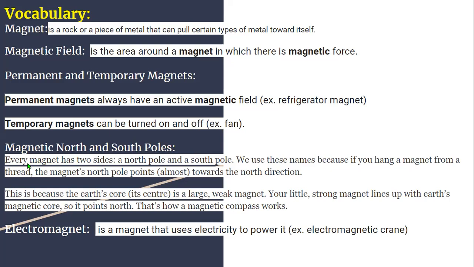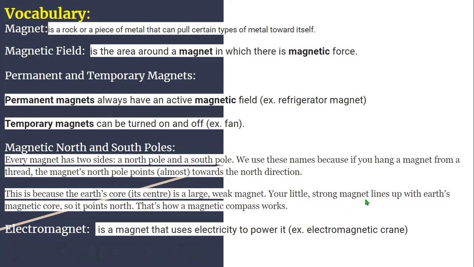Every magnet has two sides, a north pole and a south pole. We use these names because if you hang a magnet from a thread, the magnet's north pole points almost towards the north direction. This is because the Earth's core, its center, is a large, weak magnet.